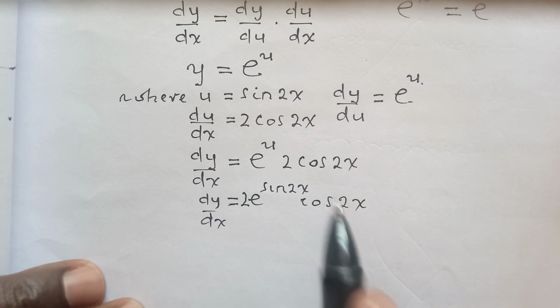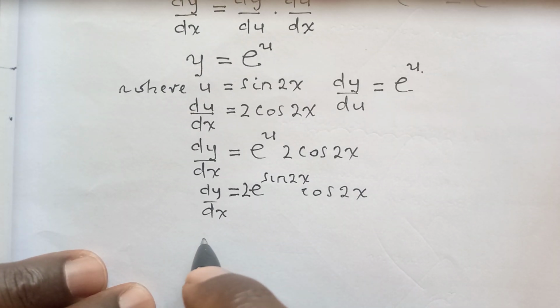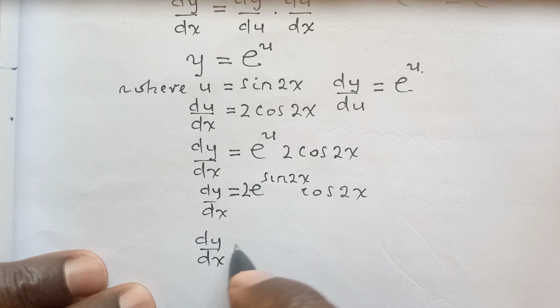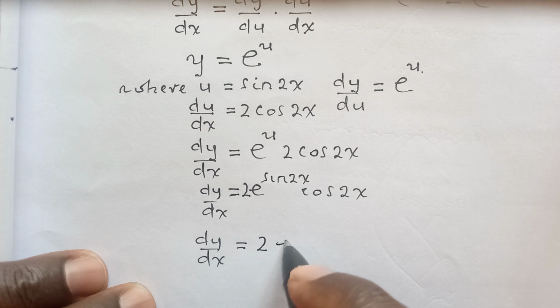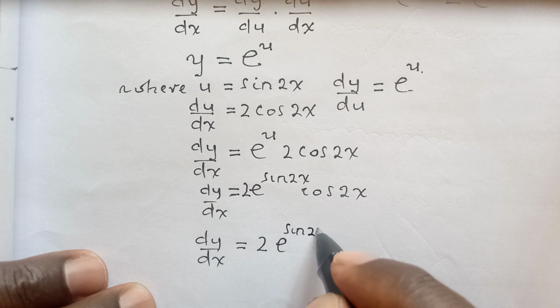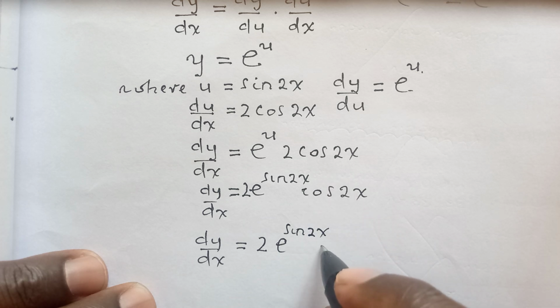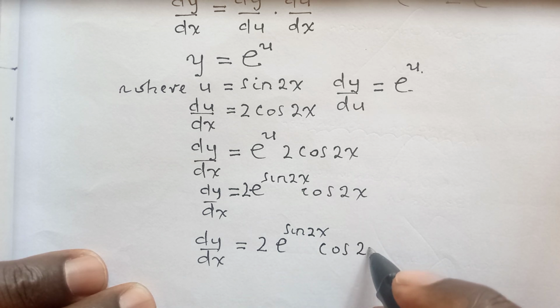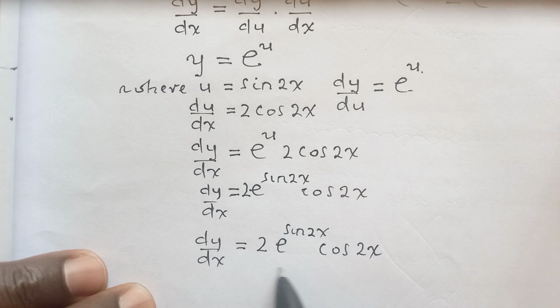In other words, I can write it even better like this. dy dx is supposed to give us 2 e raised to sine 2x multiplied by cos 2x. And so this is the value we are looking for.